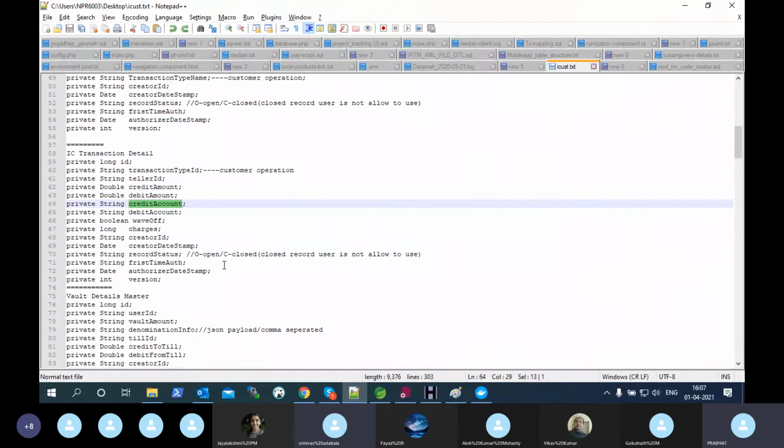And then if any screen is managed by this table, we will not create a separate table for that. If any screen requires a separate table, then we will discuss and create it. And suppose some screen you already developed and all the information you are getting from these 6-7 tables only, then we will drop that table and use this table only.